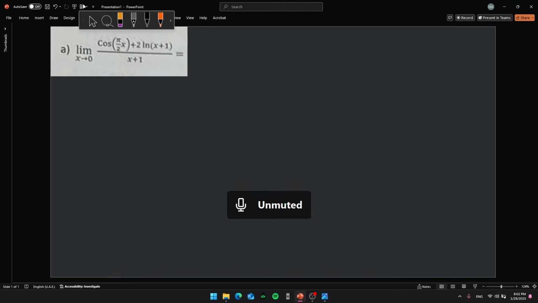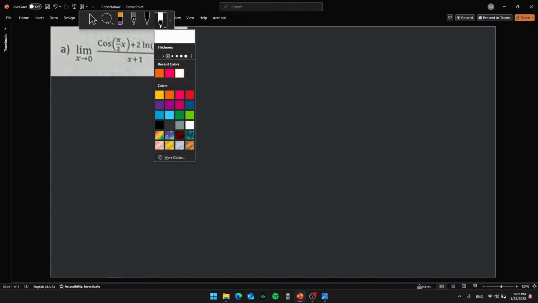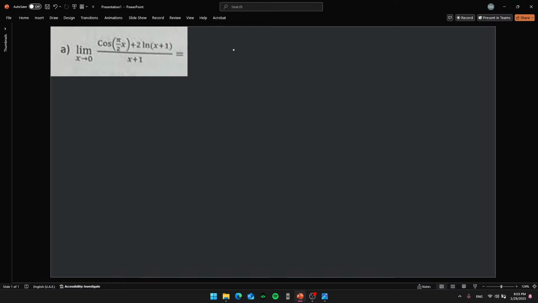Okay, for this limit, let's try to plug in the 0 first. Always try to plug in the number first. So pi over 2 times 0 is 0, plus 2 ln of 0 plus 1, over cosine of 0 plus 2 ln 1, over 1.